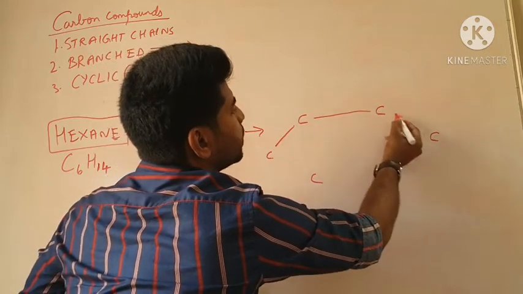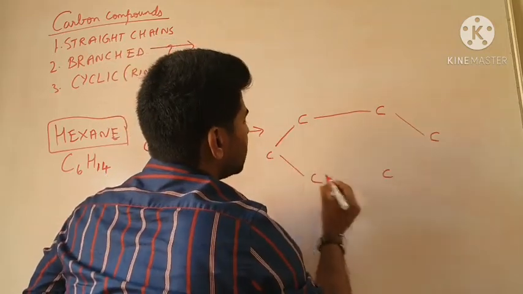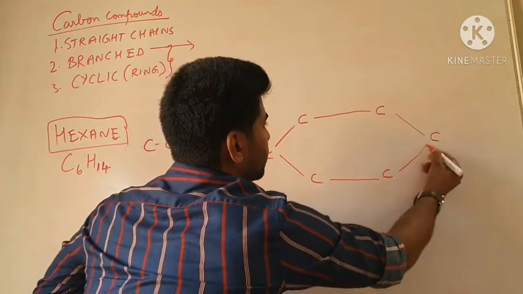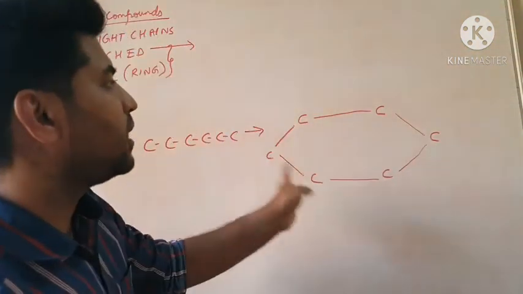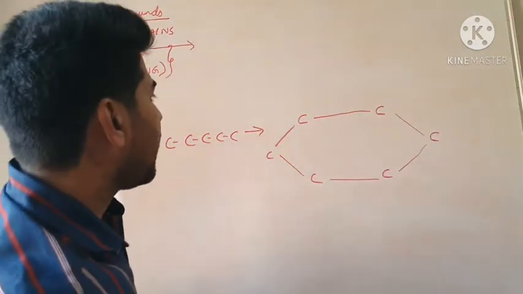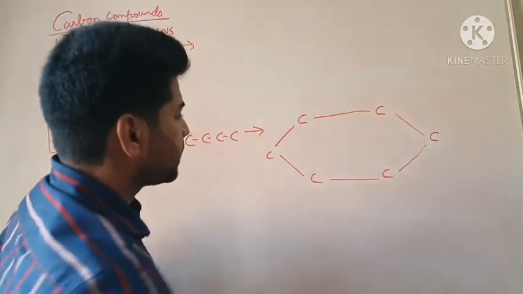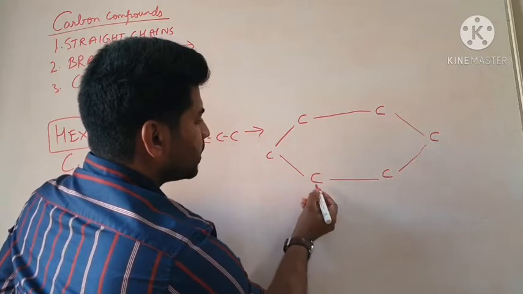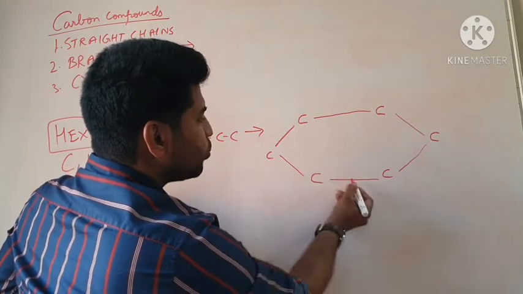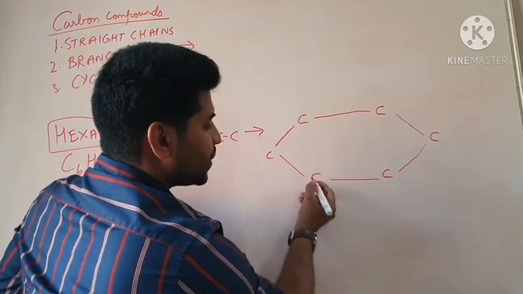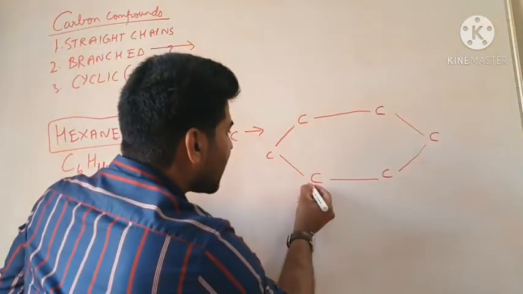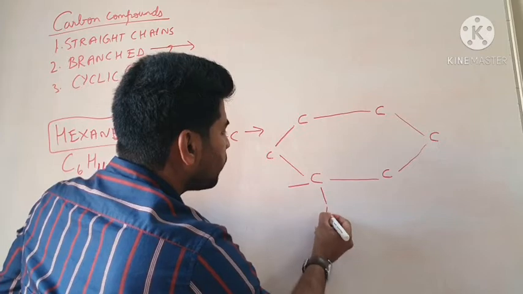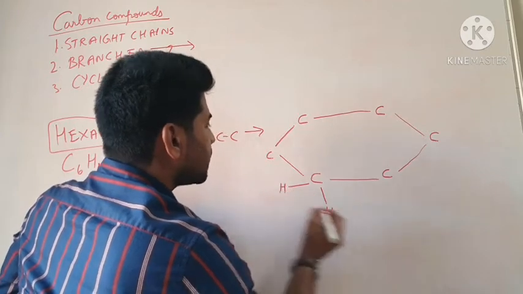So the structure would be a hexagonal structure. The 6 carbon atoms are joined in the form of a ring. And what about the valencies? Let us start from here. This carbon is attached to 2 more carbon atoms. It requires 2 more valencies to be filled, which can be satisfied with the help of hydrogen.